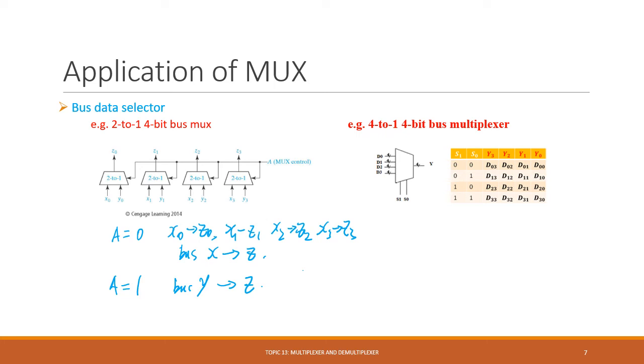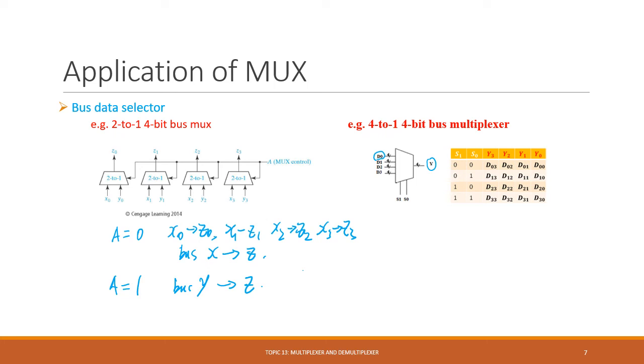And this is an example of a 4-to-1 4-bit multiplexer. Each D and Y you see here is 4 bits. The slash means this is a bus, not a single wire.